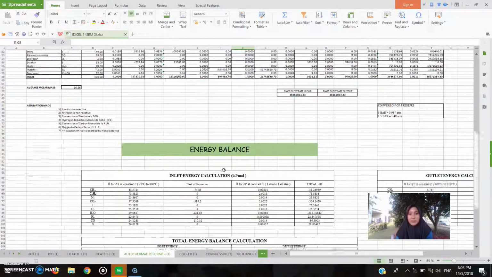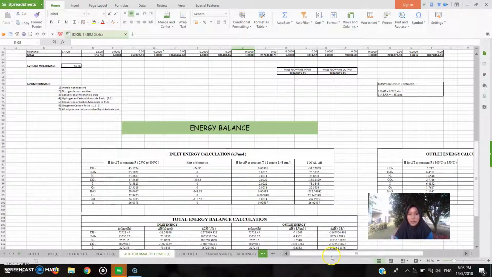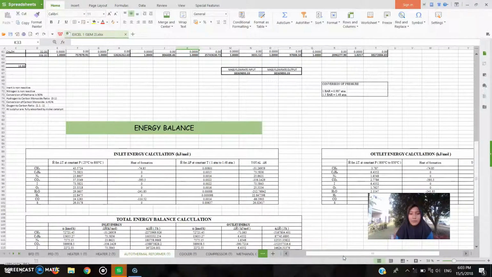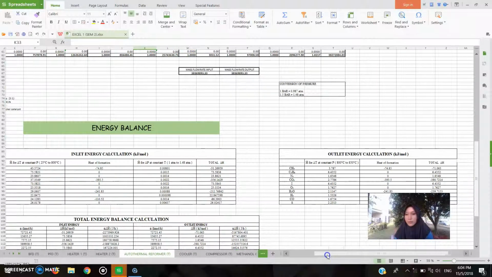Basically, the inlet energy calculation is just the same. We calculate the CP and then multiply it with their mole. So this is our inlet energy and outlet energy.